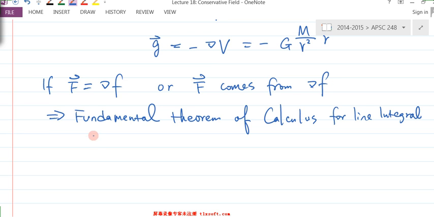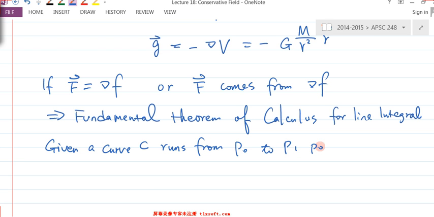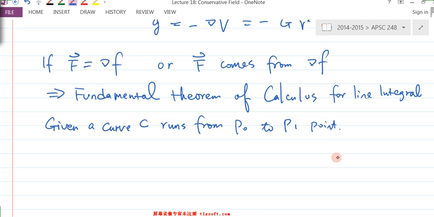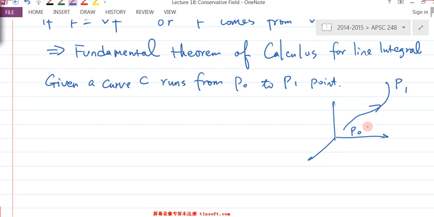So what is the fundamental theorem? Let's write it down here. Given a curve C that runs from a point P0 to a point P1, here's P0, here's P1, and t equals a at the P0 point, and t equals b at the P1 point.